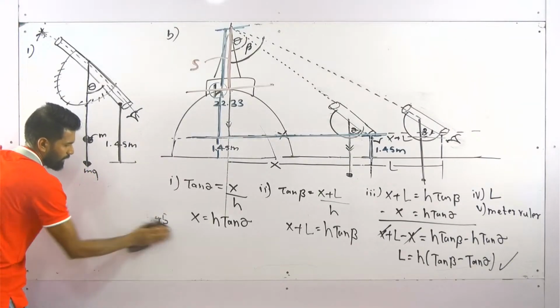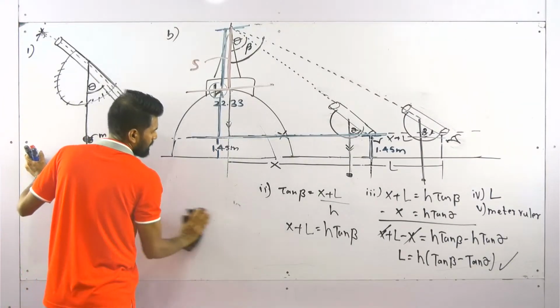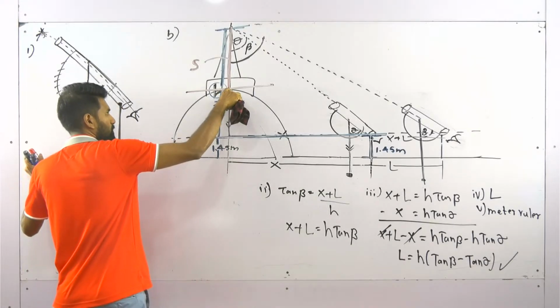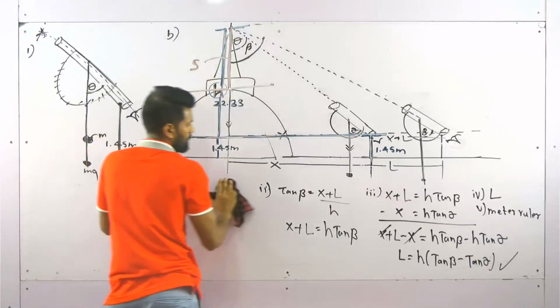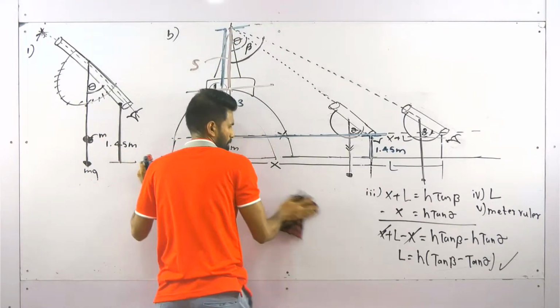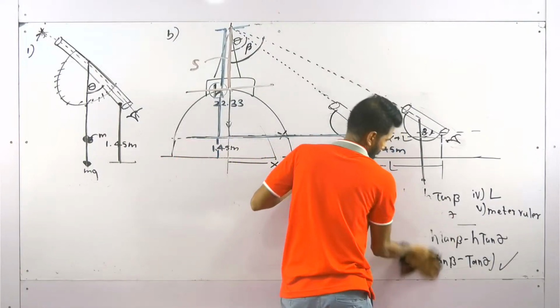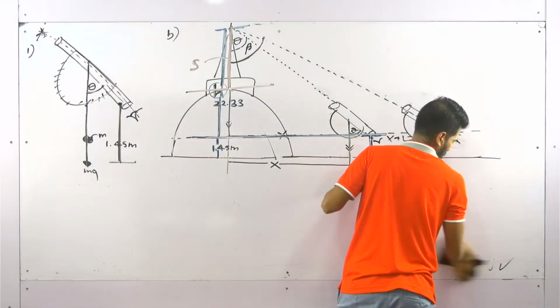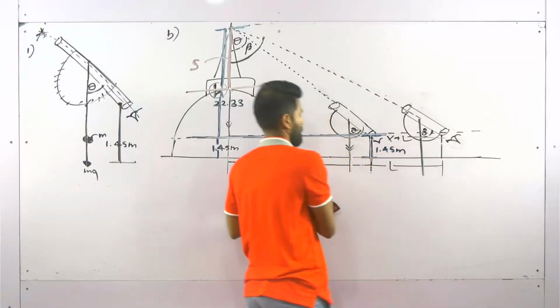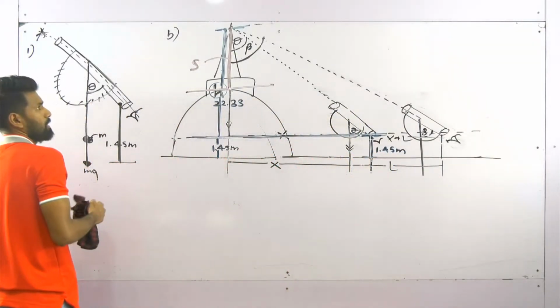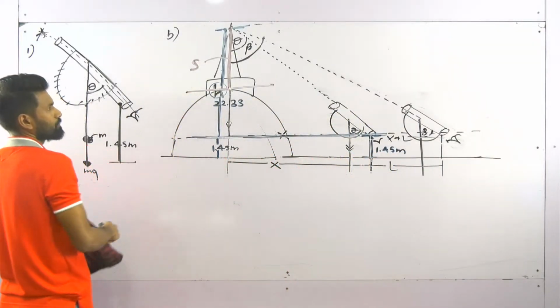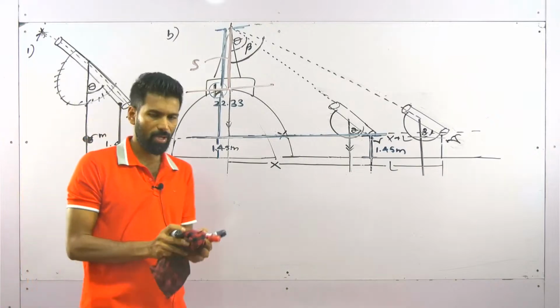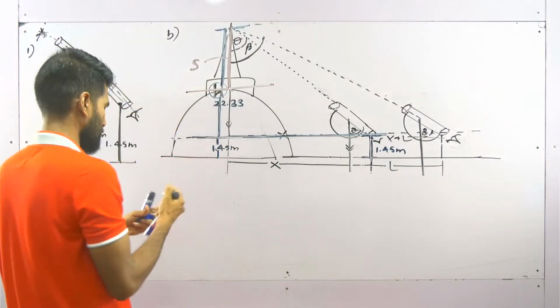Okay, let's try to find a method to find the distance h, the distance from here to the top, or the separate distance of kotha. How to do that? Now here I'm introducing an additional measurement like this.